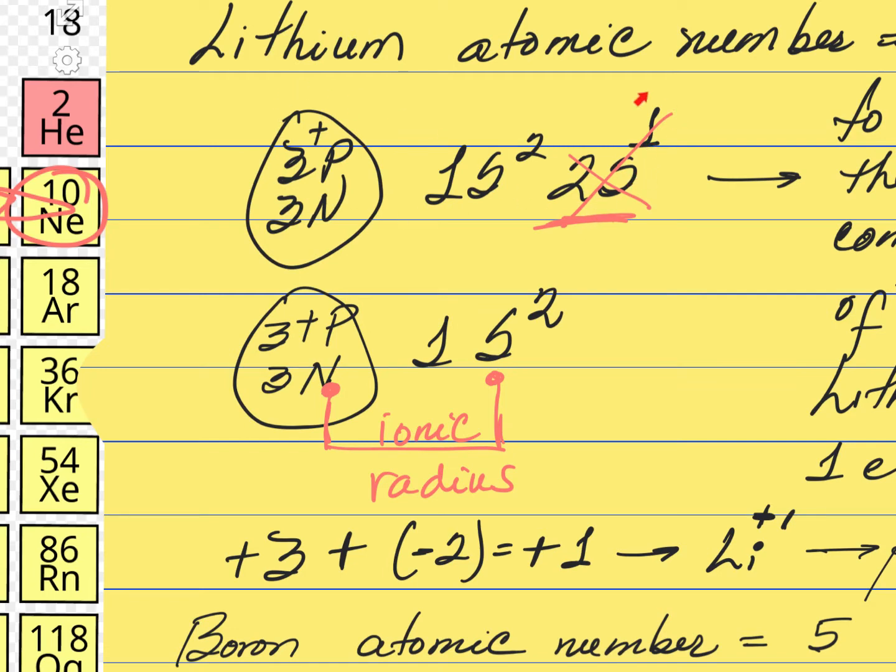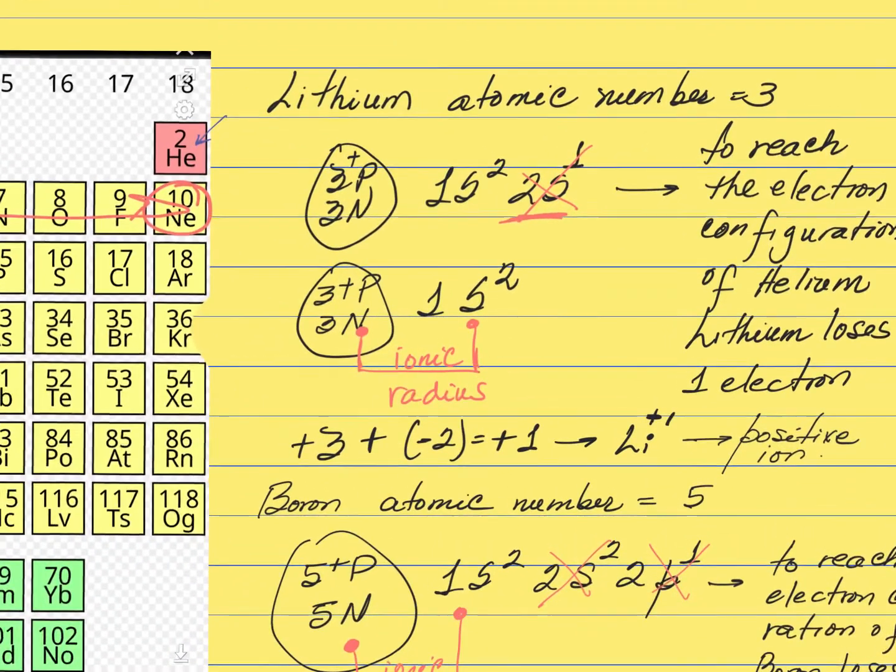That's why lithium is going to lose one electron, and instead of reaching the electron configuration of neon, it's going to reach the electron configuration of helium, which is another noble gas. That's why the metals tend to lose electrons, because it's easy for them to reach the electron configuration of the noble gas in the period before than to accept more electrons than the one they have to lose.